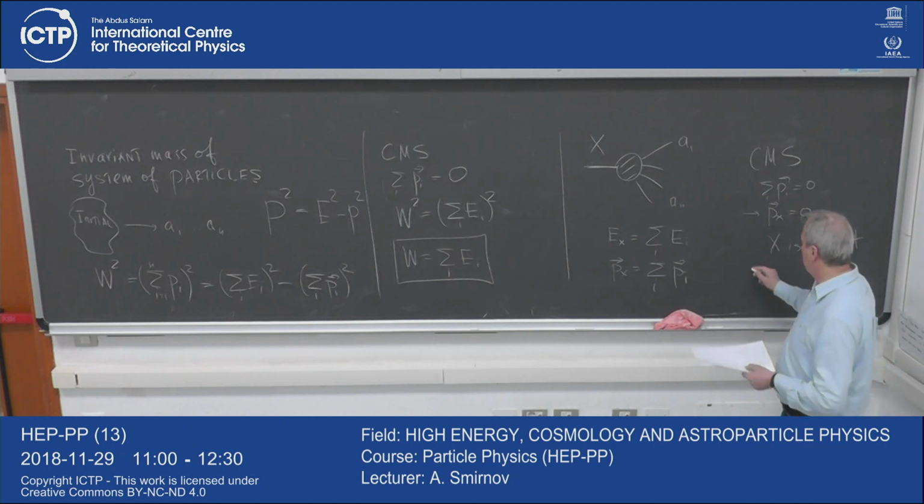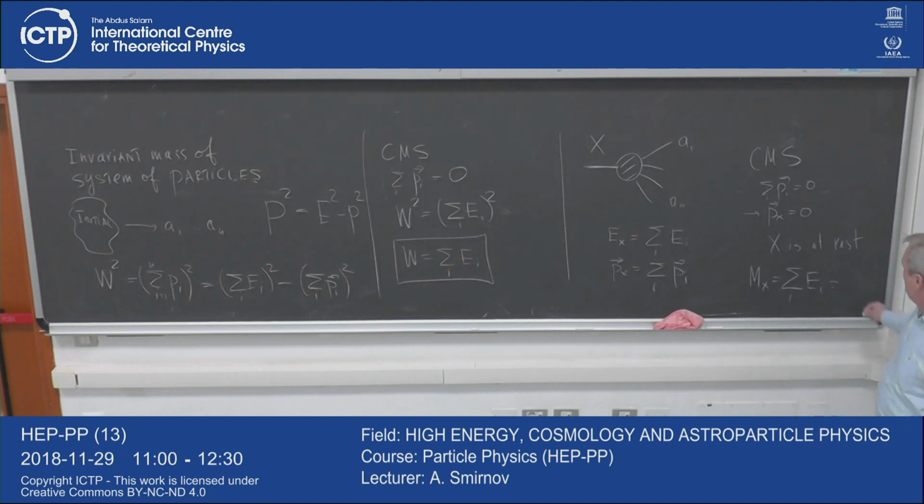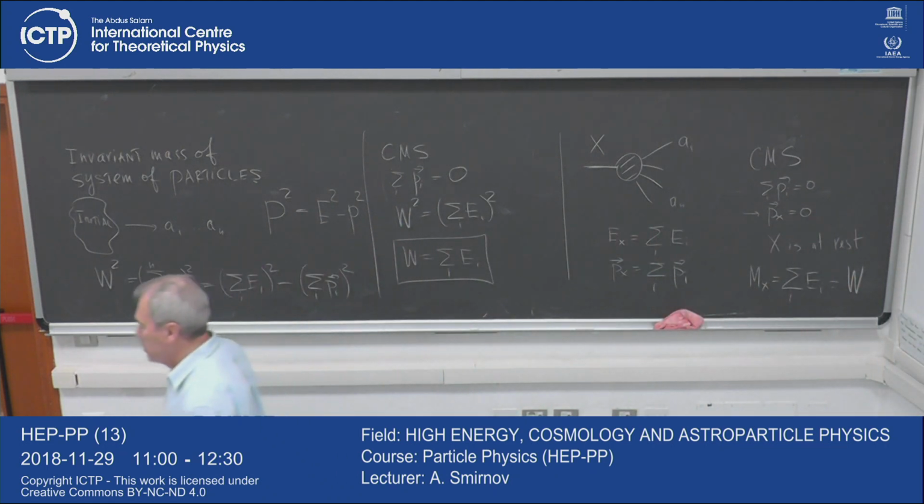And therefore, the first equation becomes mx equals the sum over energies, and this is our W. Well, simple consideration. You can repeat it again, but surprisingly sometimes that produces problems for solving some tasks.